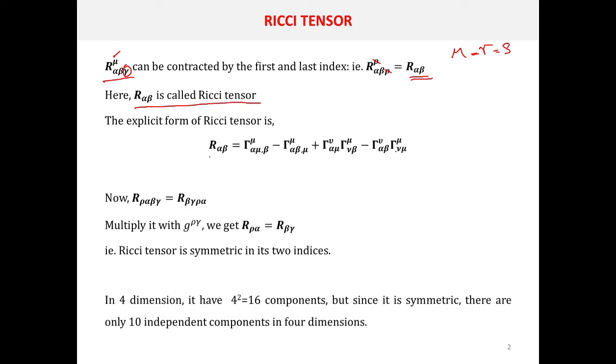The explicit form of this Ricci tensor is R alpha beta equal to gamma mu alpha mu beta, gamma minus gamma mu alpha mu beta plus gamma mu alpha mu gamma mu beta minus gamma mu alpha beta gamma mu mu.